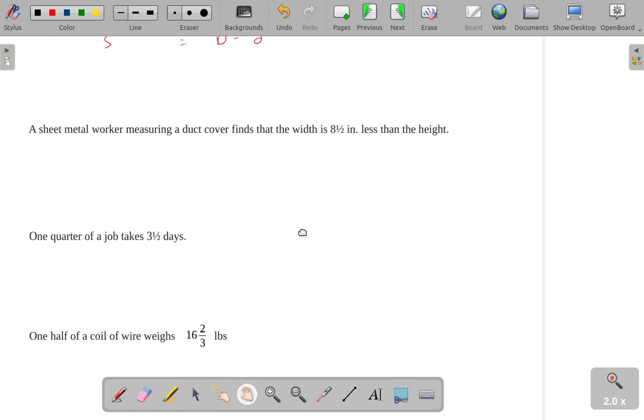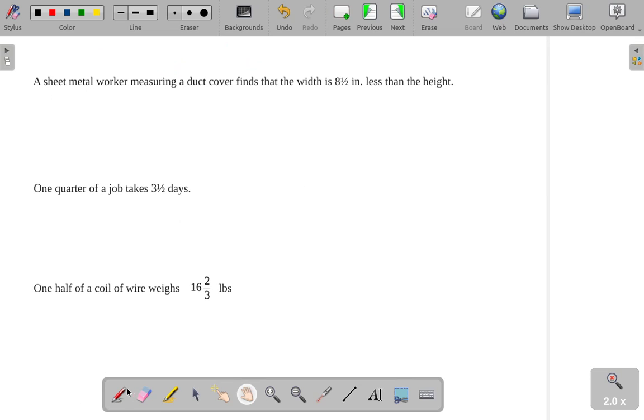Alright, a sheet metal worker is measuring a duct cover, finds that the width is 8.5 inches less than the height. So this is a full statement, but it doesn't say is or is equal to or anything like that. However, if you break this down, I don't really care that it's a sheet metal worker measuring the duct cover.